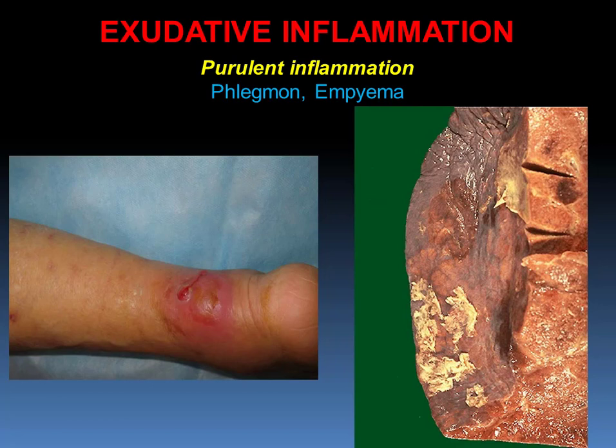Sometimes there can be petrification of purulent foci. But in the majority of cases, purulent inflammation can be unfavorable. Unfavorable outcome is spreading of pus to adjacent tissues, even with generalized infection, which is named sepsis.